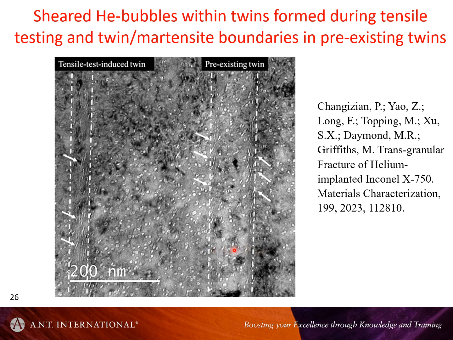But one of the things that Puyen noted, not necessarily in this one, but in one of the undeformed samples, was that there was a layer of martensite along the edge. And what was observed is that even though this was a pre-existing platelet structure, it seems to have exhibited additional shearing during the tensile testing. So that's kind of an interesting observation, and it just complicates things even more.